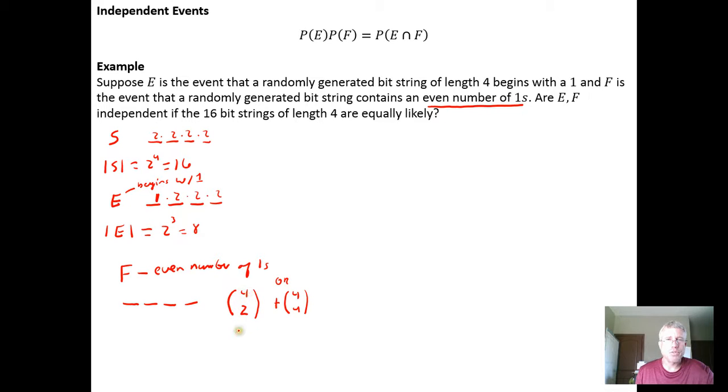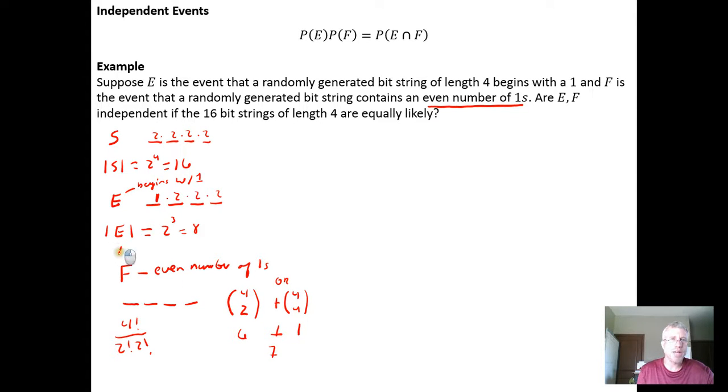Here 4 choose 2 is going to be, what is that, 6? 4 choose 2 is 6 because we get 4 factorial over 2 factorial times 4 minus 2, which is another 2 factorial. So we get 4 times 3 divided by 2, which is 6, plus 4 choose 4, which is just 1. So 7.